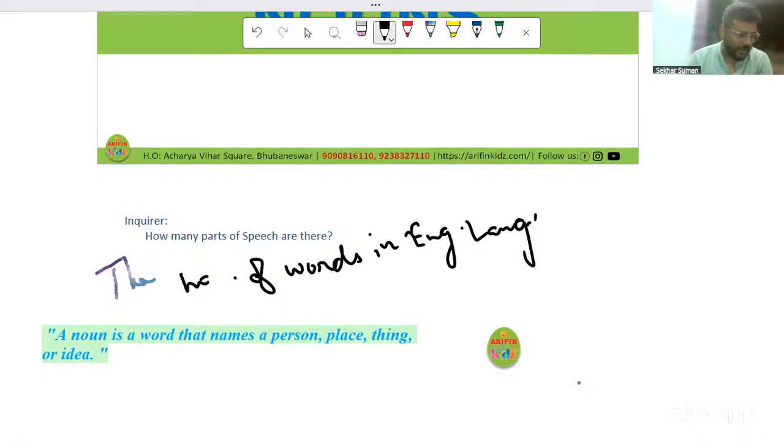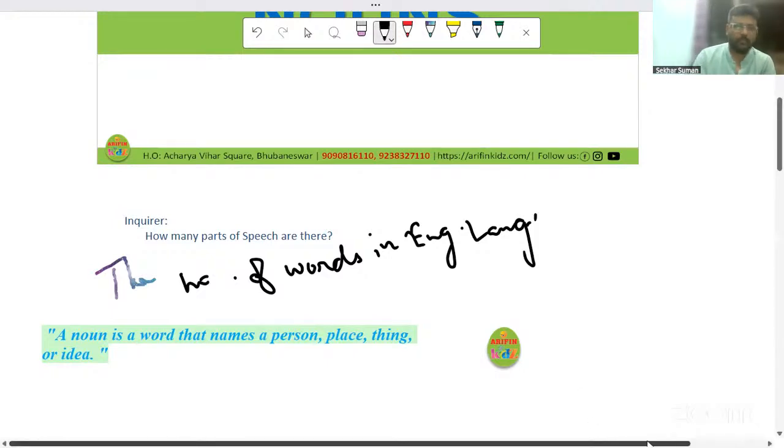But your name is a proper noun. How come the dictionary has missed your name? So it's not possible, right? So the number of words in the English language cannot be counted.